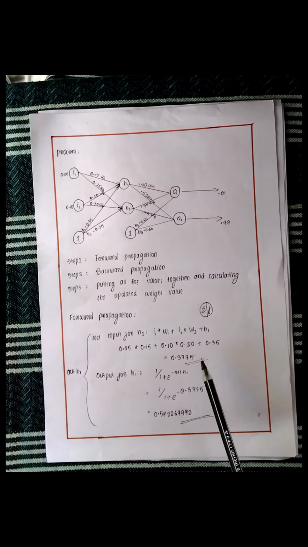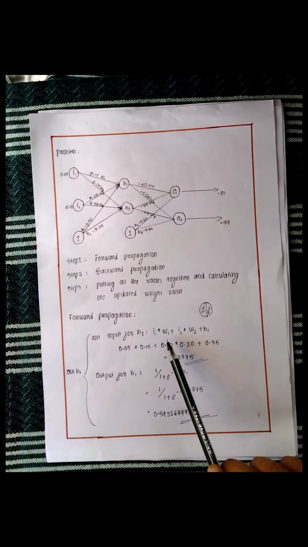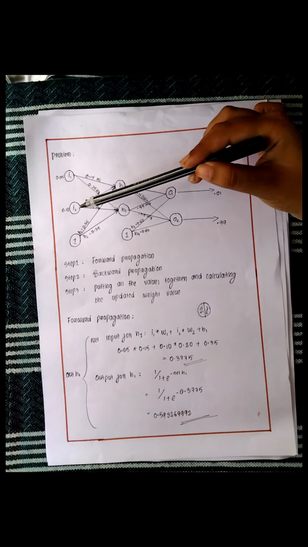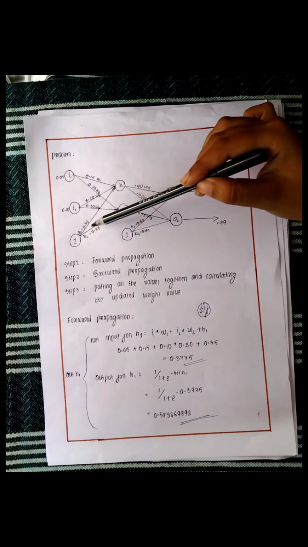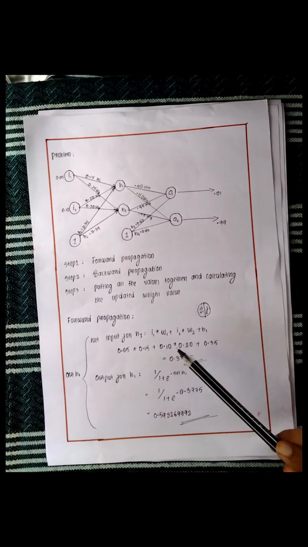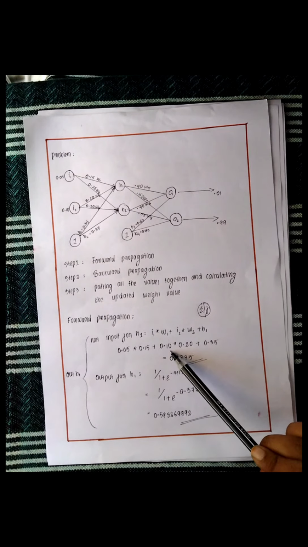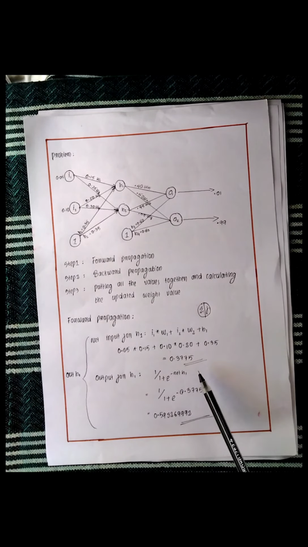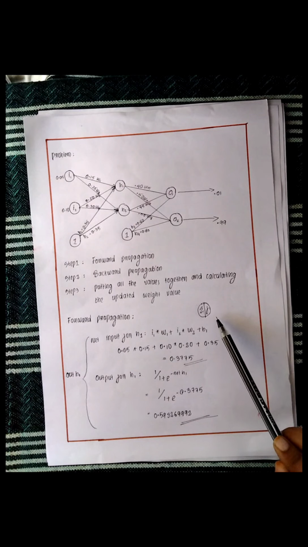So the net input for H1 is I1 into W1 plus I2 into W2 plus bias 1. We get 0.05 into 0.15 plus 0.10 into 0.20 plus 0.35, which is equal to 0.3775. Then the summation part is done.